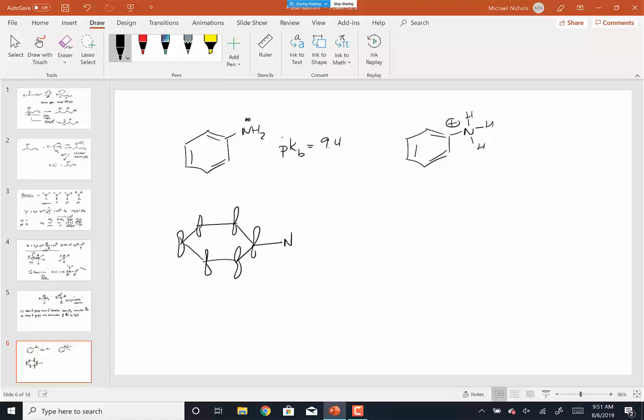All sp2 hybridized carbons in that conjugated system. What's nitrogen going to do? Nitrogen is going to orient its lone pair so it's parallel to all those other p orbitals. And so it's going to partially participate in that conjugated system.